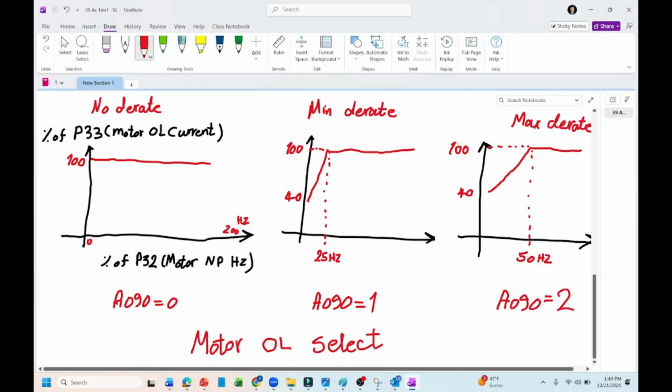So the y-axis is your overload current, and the x-axis is the frequency.